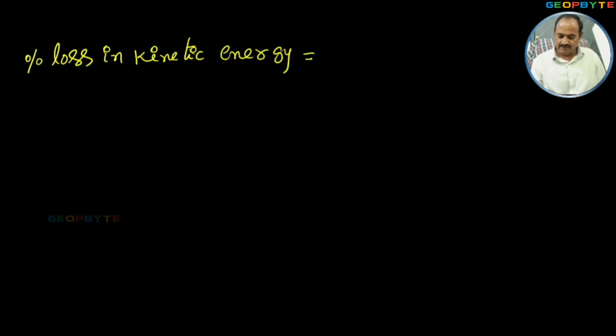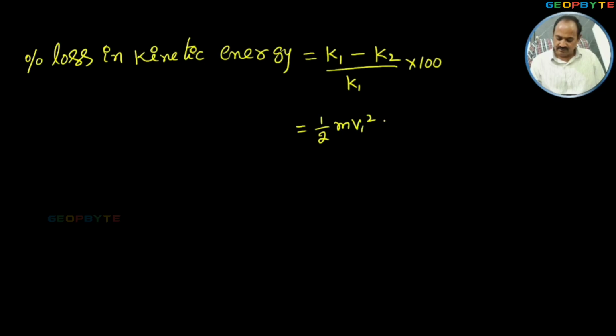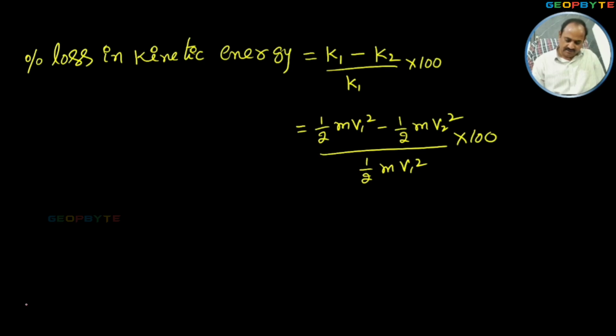Percentage loss in kinetic energy equals kinetic energy before striking minus kinetic energy after striking, divided by kinetic energy before striking, into 100. This is half m v1 square minus half m v2 square, divided by half m v1 square, multiplied by 100. Half m part is cancelling.